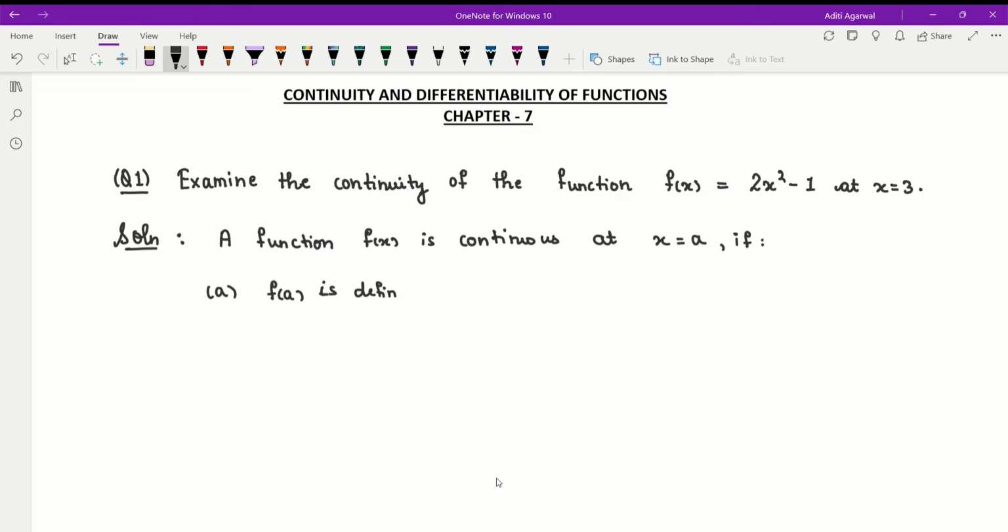Defined means it should have a value, a valid value, not infinity or minus infinity. The limit of the function as x tends to a should exist. And the last one, the value of this limit as x tends to a for the given function should be equal to the value of the function at the given point a.